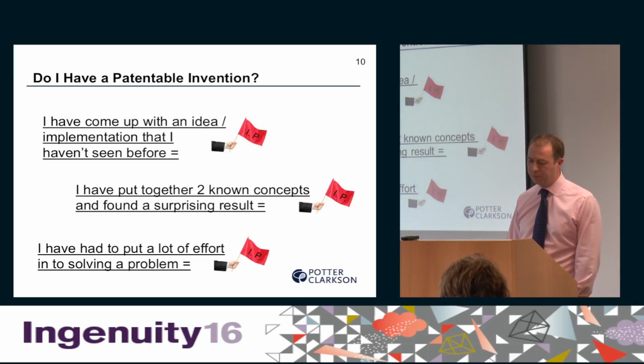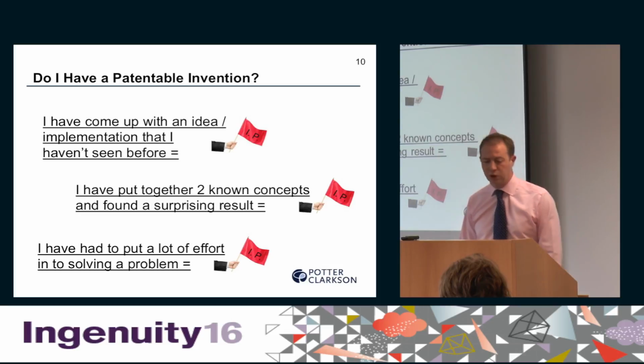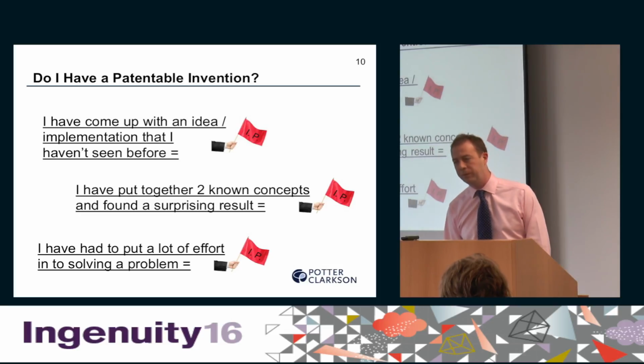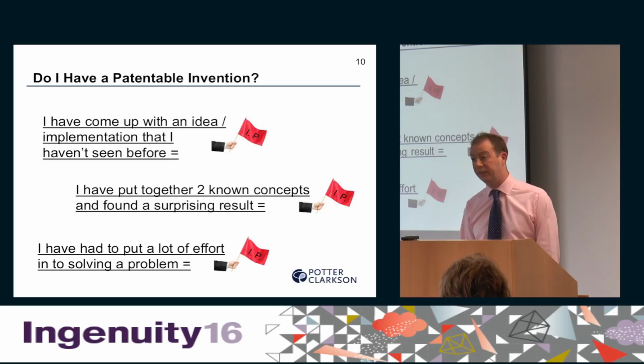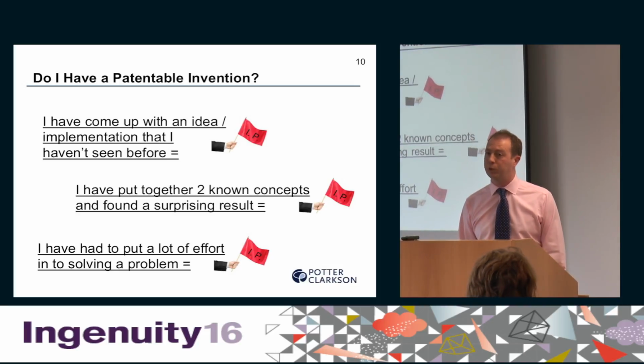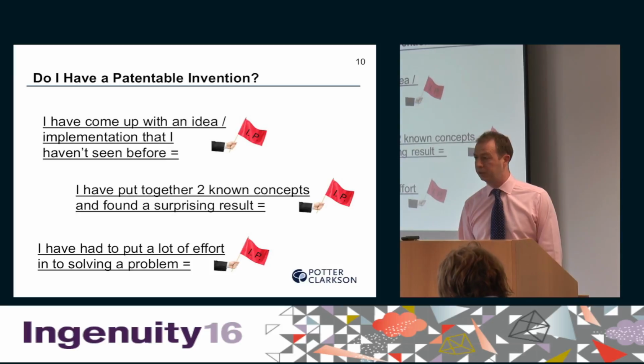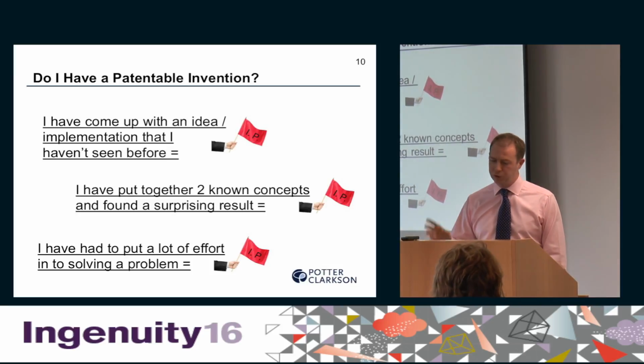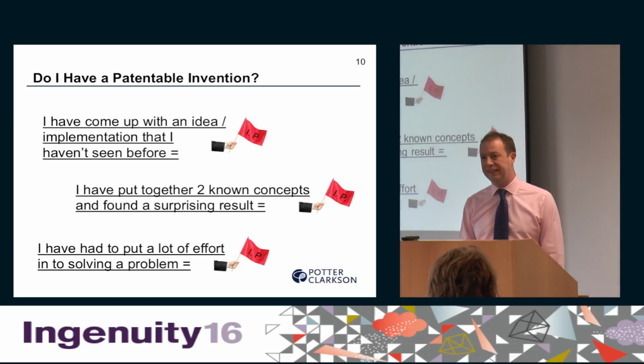And the third flag I've put there is if you put a lot of effort into solving a problem, that doesn't in itself mean that your solution is a patentable invention, but it's probably worth consideration that if you had to put a lot of effort in, again, maybe that's a pointer that it's not obvious, because otherwise you would have done it very quickly. And therefore, to protect that effort you have put into solving the problem, is filing a patent application good value for money for you?